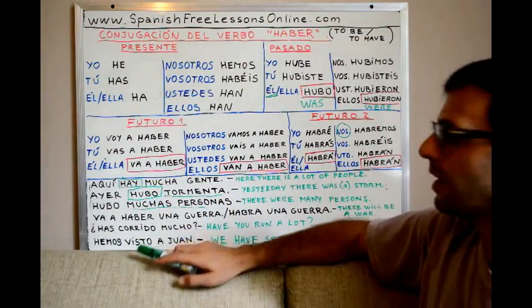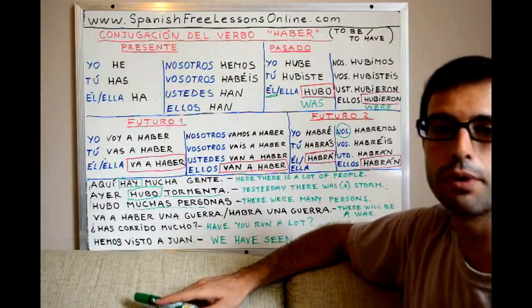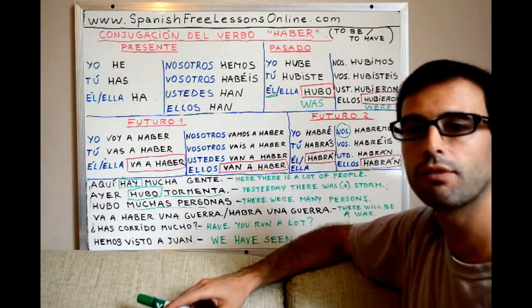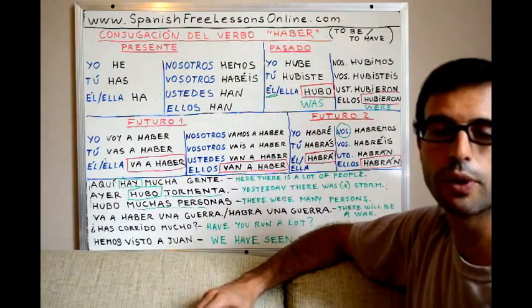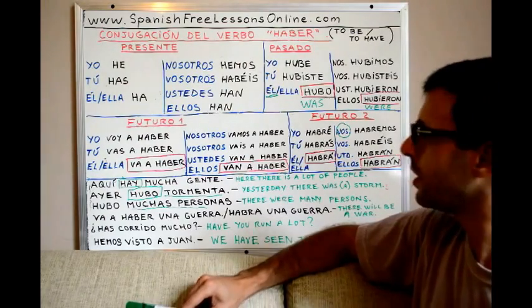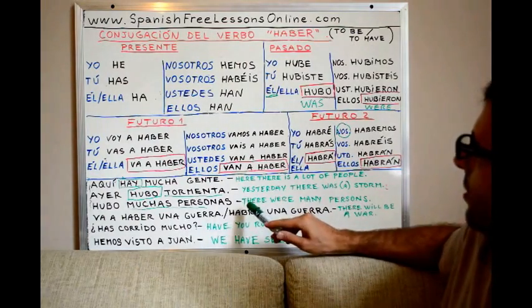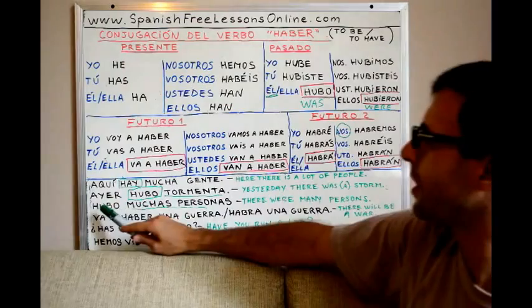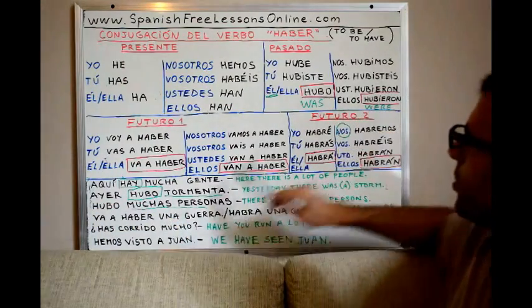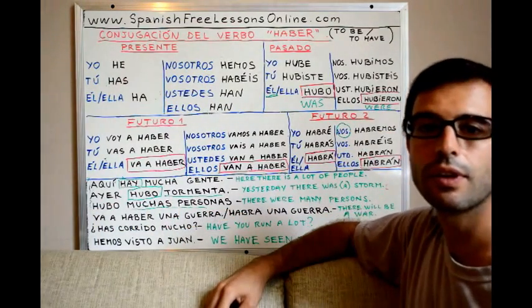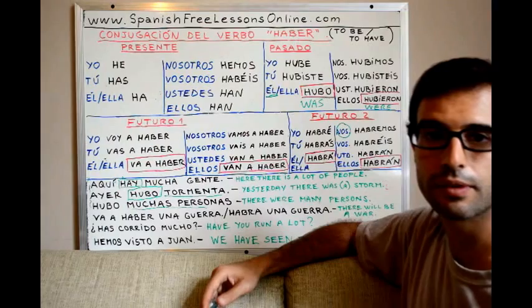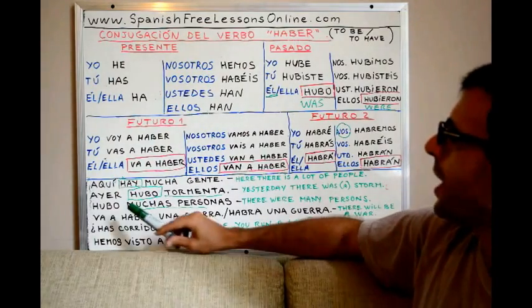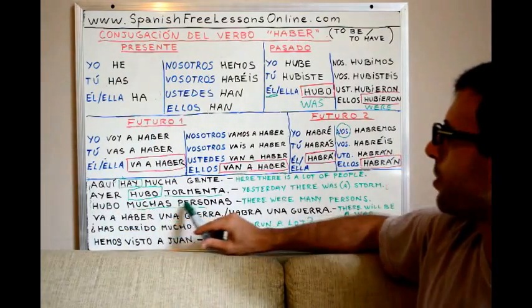It's as saying there is many persons. That would be the correct form, the correct way of speaking in Spanish. In Spanish, if we say there were, if we say hubieron muchas personas, it is incorrect. We have to say hubo muchas personas.